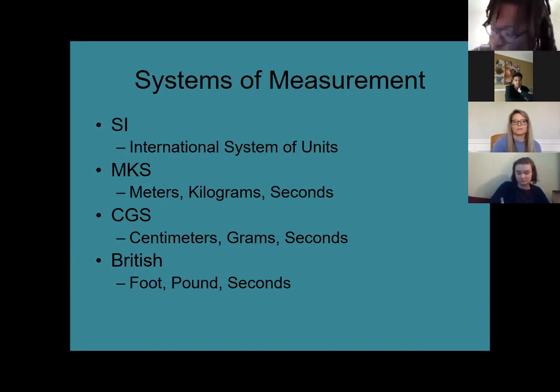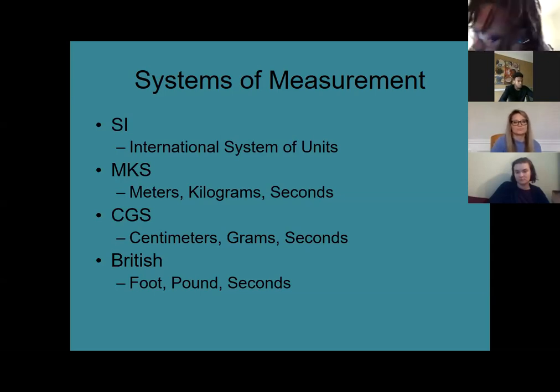In the International System of Units, or the SI units, and in the MKS and the CGS system, all of these are metric systems, okay? Most of the world is using metric systems and has for a long period of time. The United States was supposed to convert to the metric system in the mid-1980s and just never did.